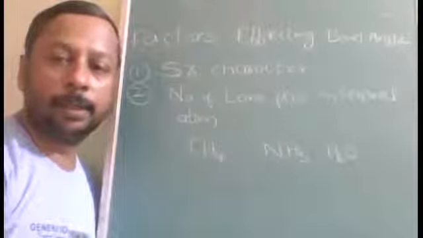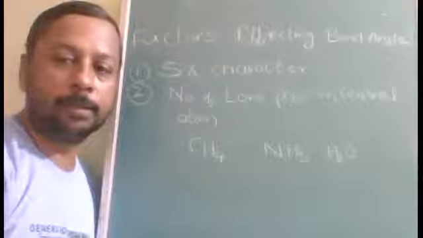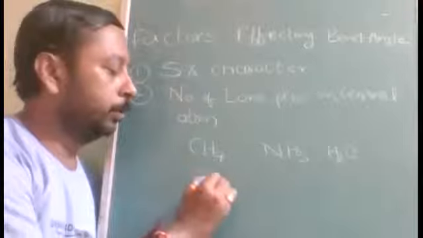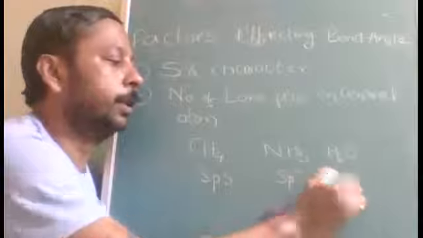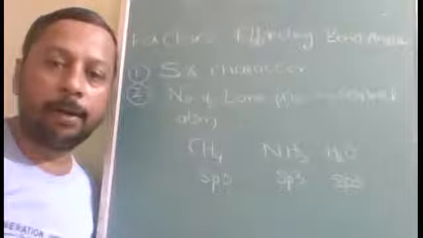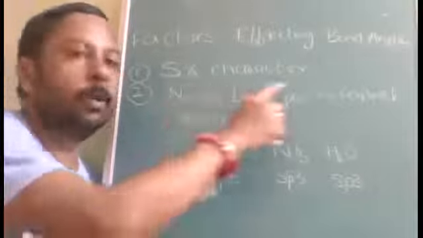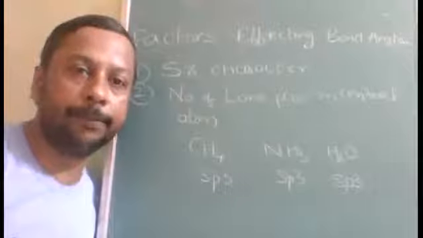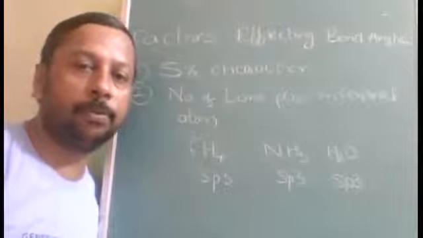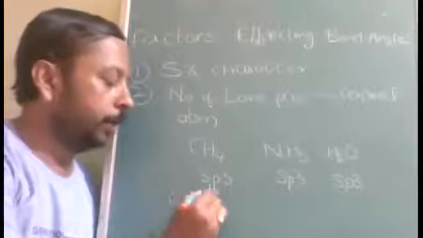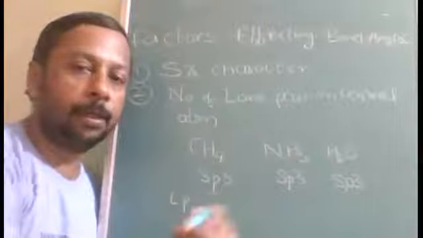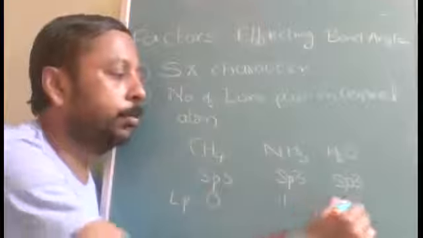CH4 is sp3 hybridized, NH3 is also sp3 hybridized, and H2O is also sp3 hybridized. So all the hybridizations are the same. Can we solve by the s percentage character? No. Then we have to go for the lone pair. When I count the lone pairs, CH4 has no lone pair, NH3 has one lone pair, and H2O has two lone pairs.